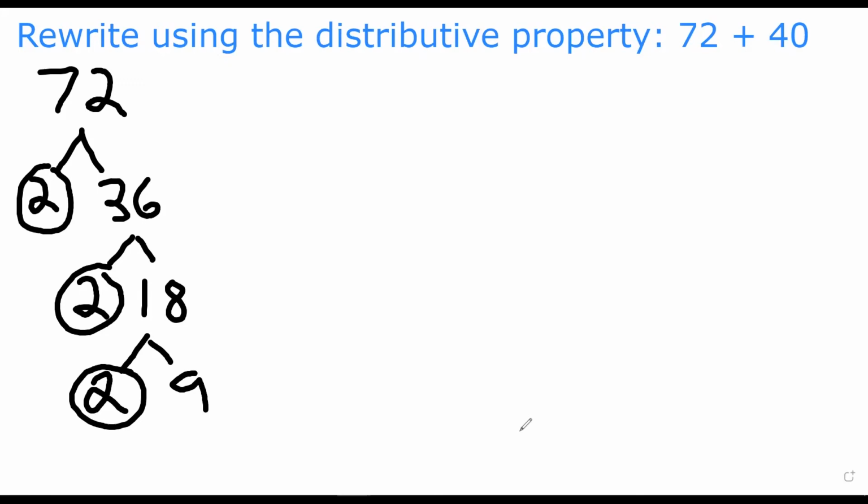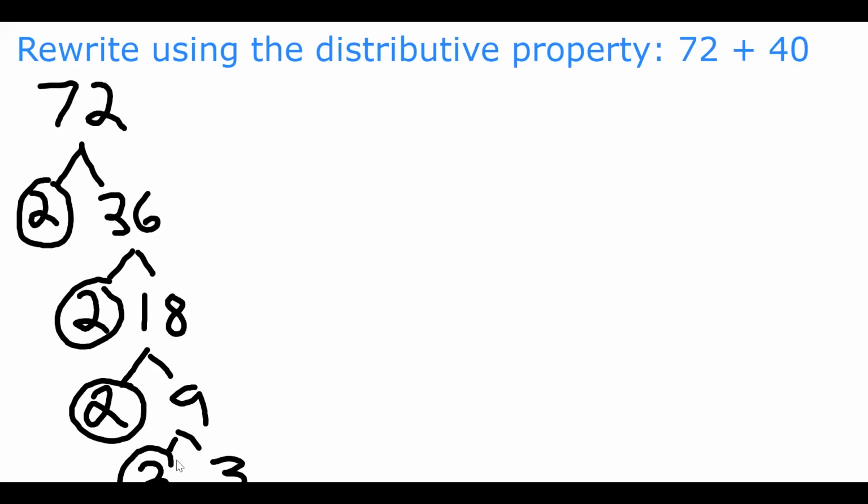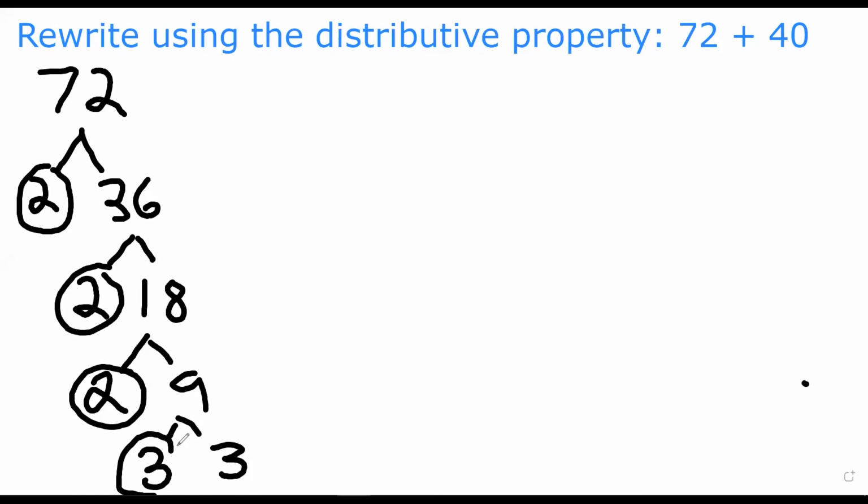Now we are left with the number 9, and we know that 3 and 3 are factors of the number 9, and both of these are prime numbers, so we can circle those. Now we have finished the prime factorization for the number 72, and let's move on with the number 40.